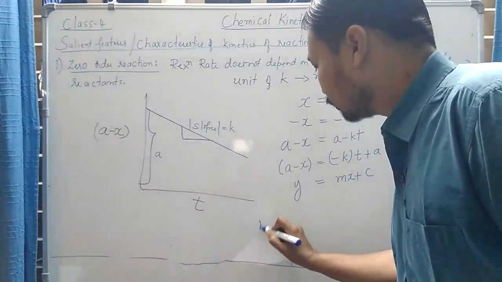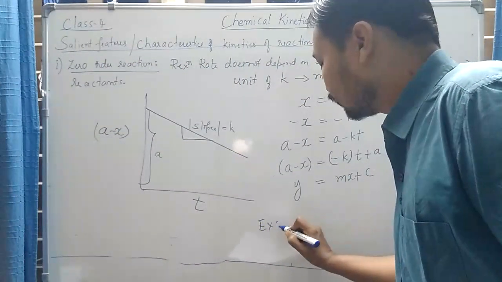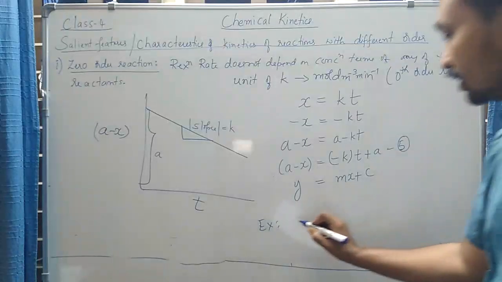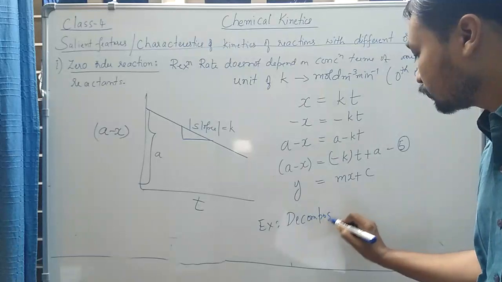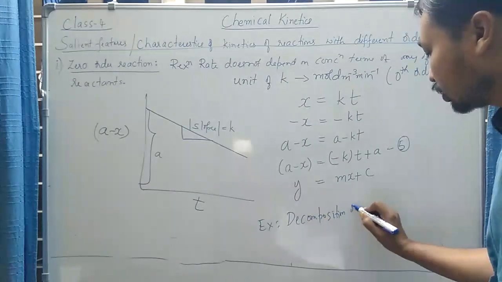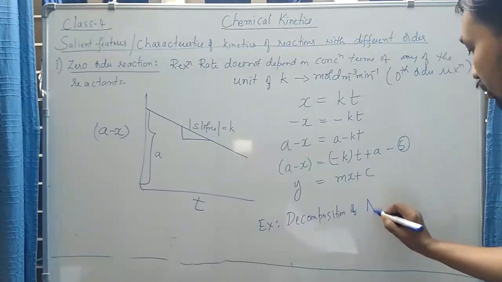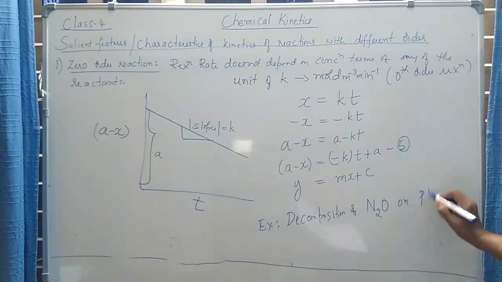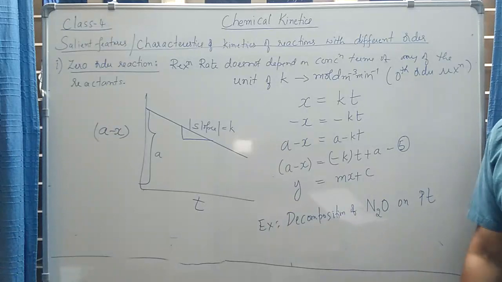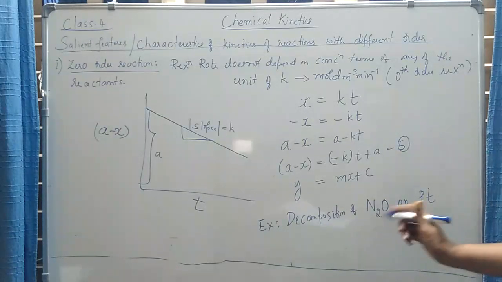I will give one example for a reaction following zeroth order. It is decomposition of nitrous oxide on platinum. So this is one of the reactions which follows zeroth order kinetics.